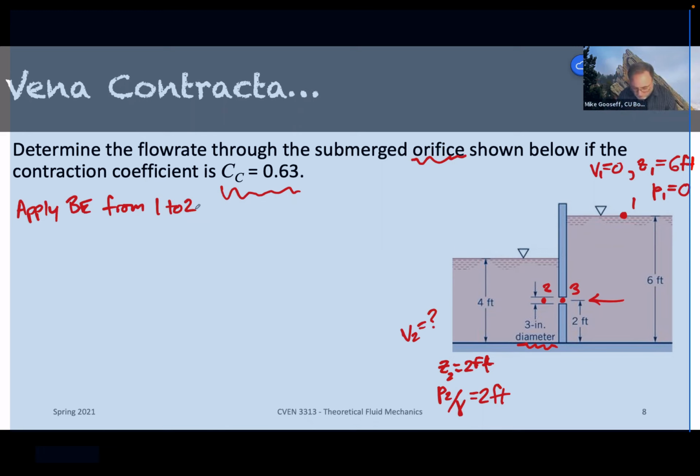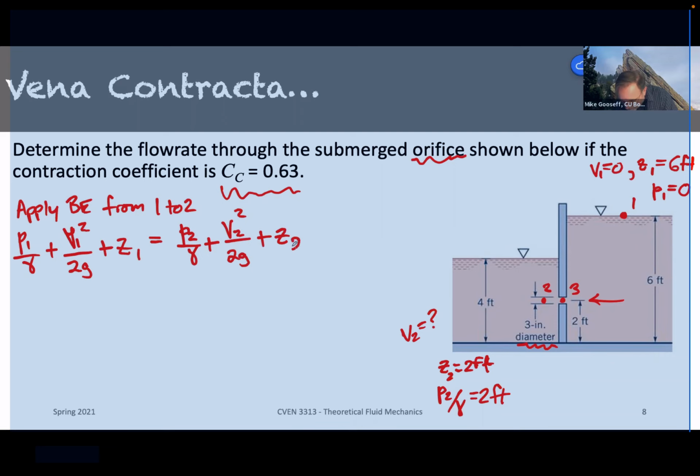All right. So P1 over gamma, of course, plus V1 squared over 2G plus Z1 is equal to P2 over gamma plus V2 squared over 2G plus Z2, right?